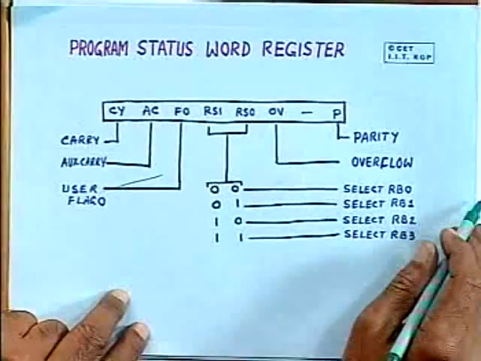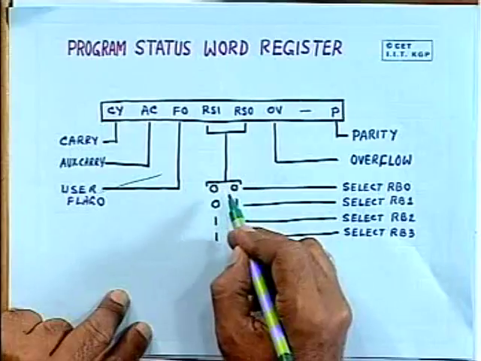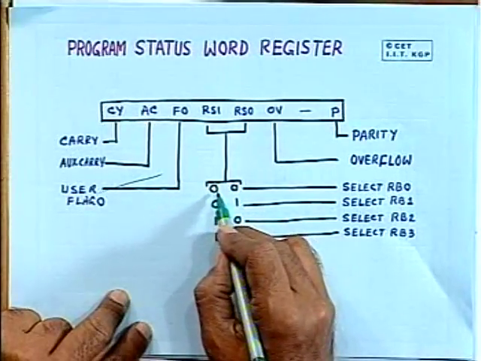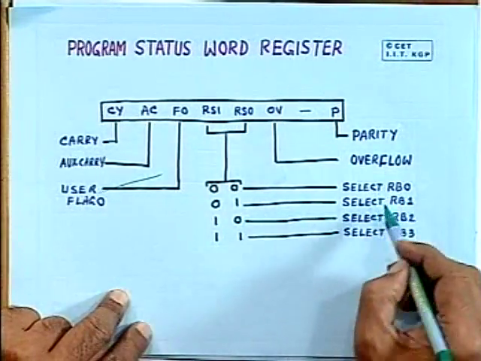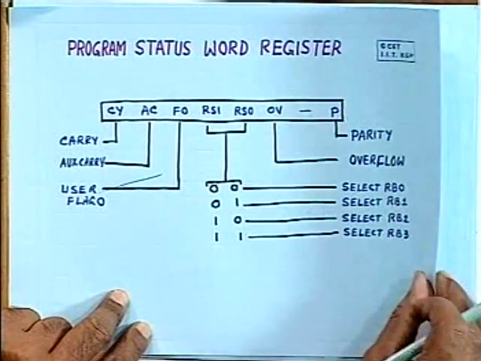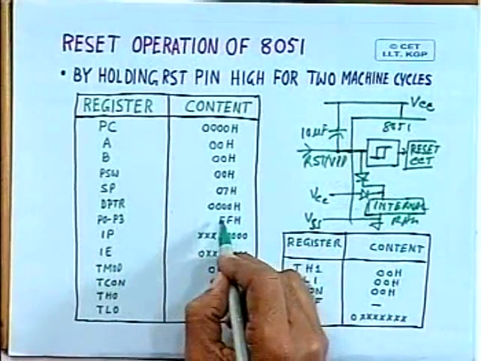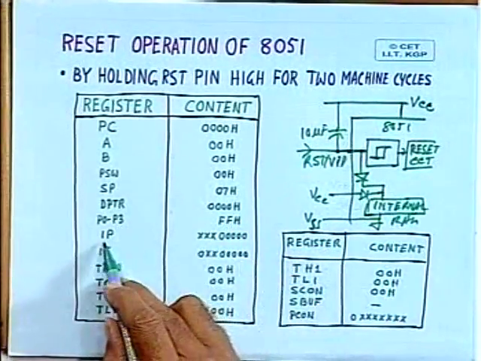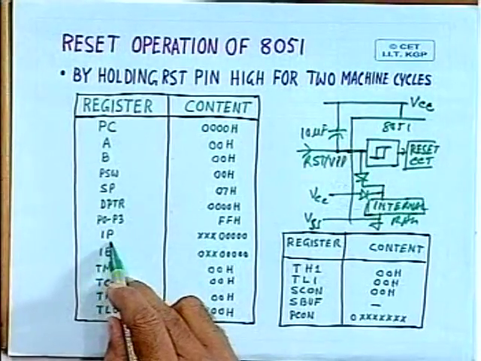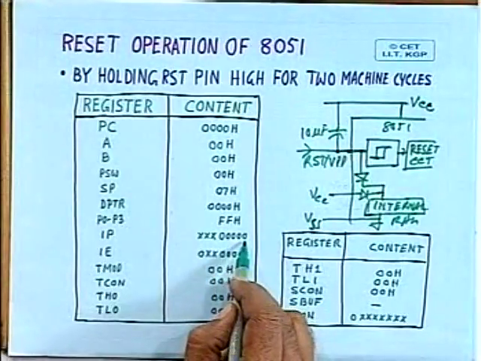As you can see here, you are making them 00. That means as you turn the power on, register bank 0 will be available, and subsequently by modifying these 2 bits, you can access other register banks, RB0, RB1, RB2 or RB3. And similarly, the port lines are made FF, the interrupt priority is made all 0, that means program to lower level.